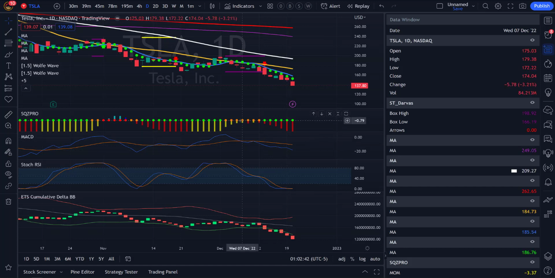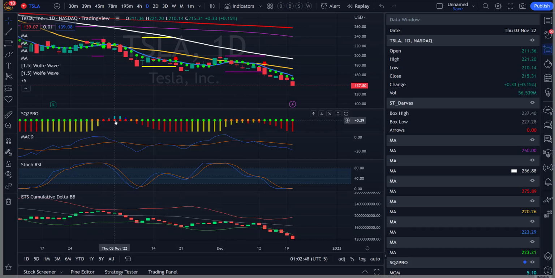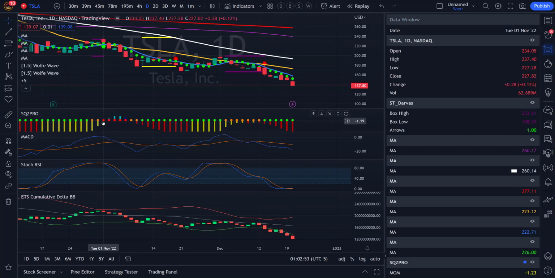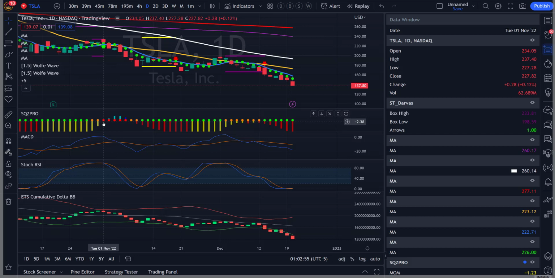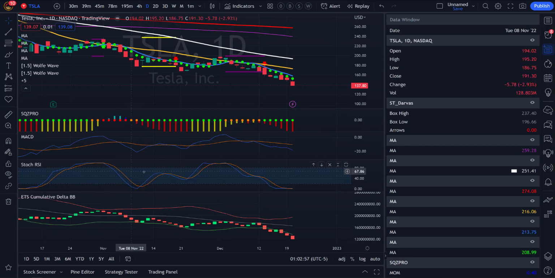The only difference is that the Squeeze Pro generates these red dots indicating contraction in the Bollinger Bands within the Keltner channel, and that's the criteria for these dots to appear. On the slow stochastic, which is the normalized version, a data set normalized between 0 and 100, it's definitely hit rock bottom, and it can stay here for a while.